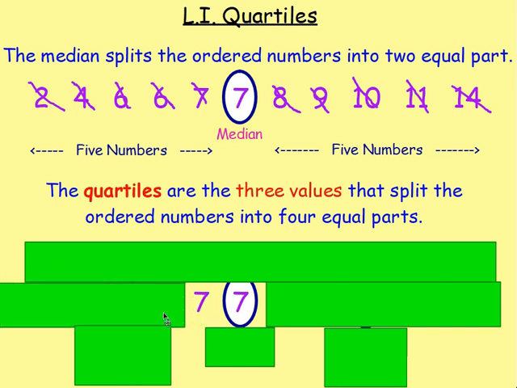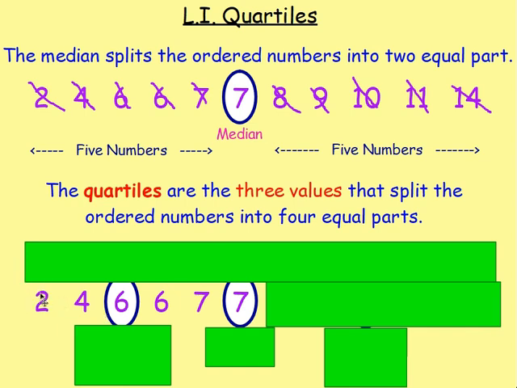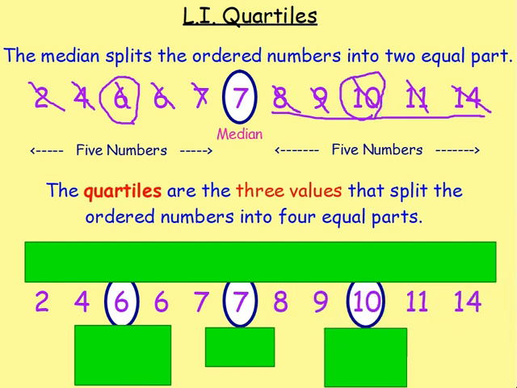So, for example, with these 5 numbers, if we took the middle of just these 5 numbers, the 2, the 4, the 6, the 6, and the 7, you can see the number that's in the middle of them is 6, which I'm showing you down here. And if we take these 5 numbers here, the number that's in the middle of those is this 10, which again, I'm showing you down here.